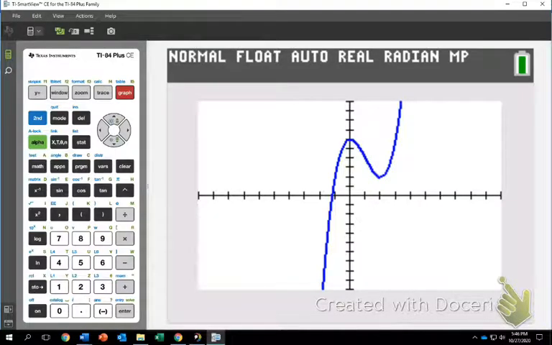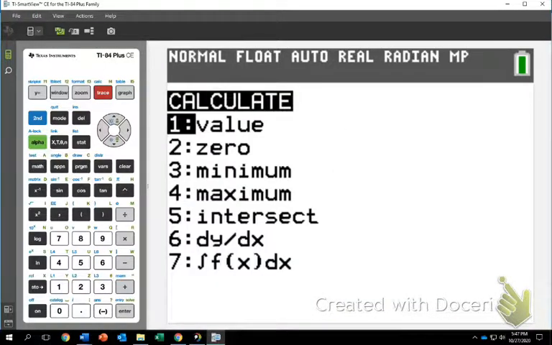My x-intercept right there is just left of -1. And so because of that, I'm going to click on my calculator so that it'll do the work for me. And how I do that is by pressing second trace. Second trace leads me to the calculate menu. And I can see that I have the three main items that I need.